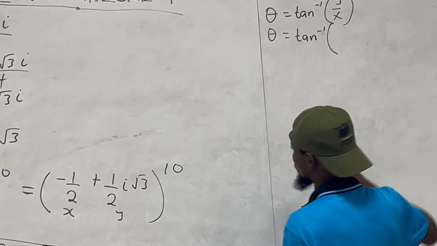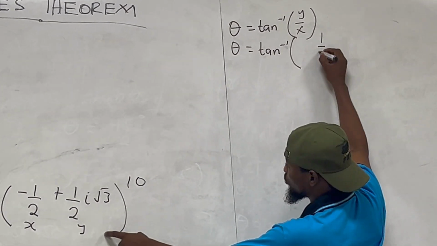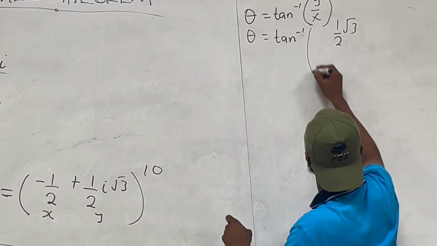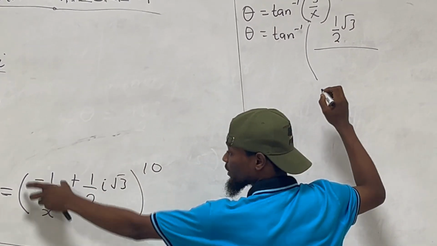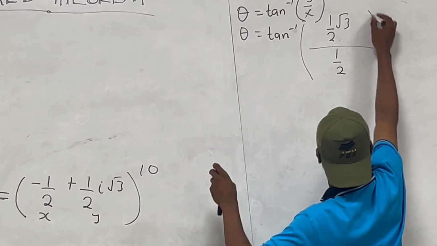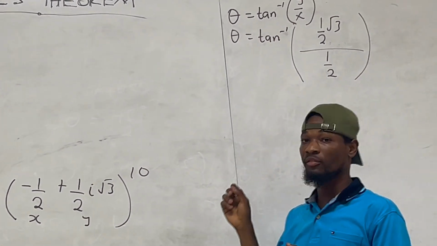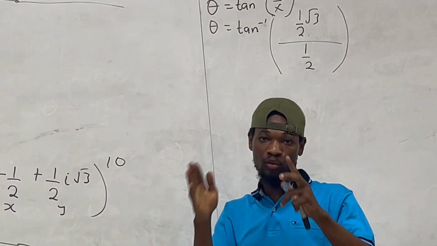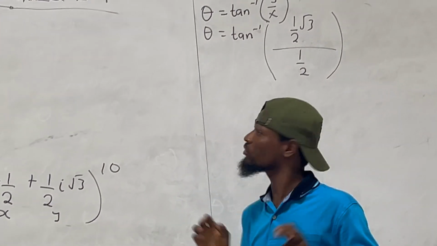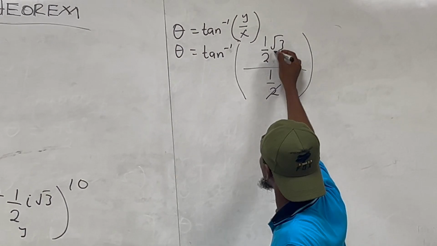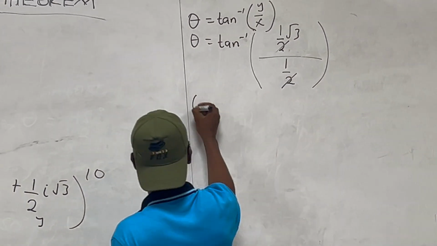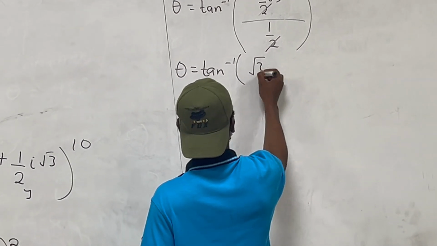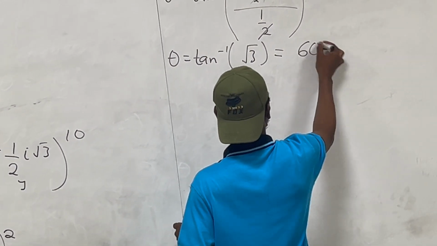So I have 1 over 2 root 3, all over the x, which is 1 over 2. Remember, for the angle, when you have a negative, discard the negative and work with the positive, or you can just find the absolute value. So these 2 cancel these 2, and theta is equal to tan inverse of root 3, which is equal to 60 degrees.